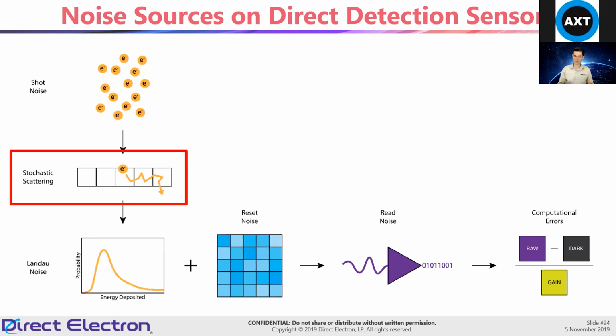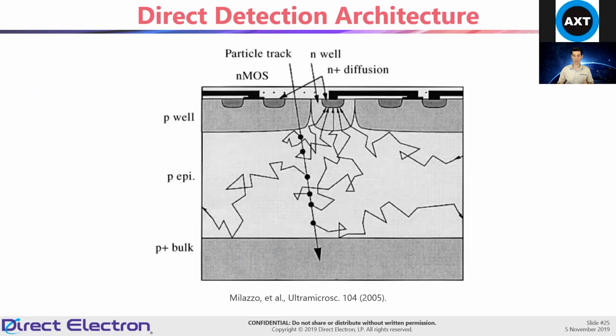But they also have to deal with this stochastic scattering. So this has to do with how the electrons interact with the pixel itself. This is a cartoon of a CMOS sensor, or CMOS pixel. And the important thing to look at is the particle track. That's this big black line that goes down the middle of the pixel. And electrons are really poorly behaved in these CMOS pixels.